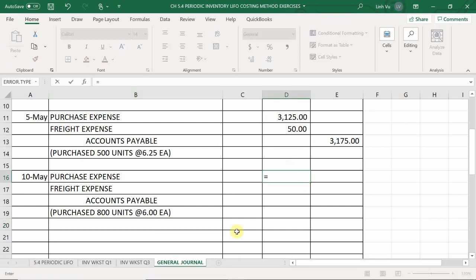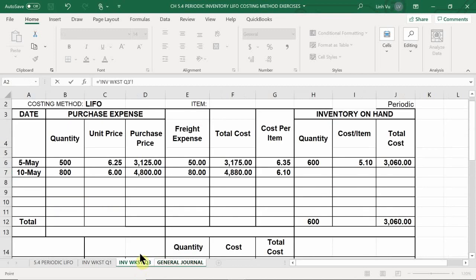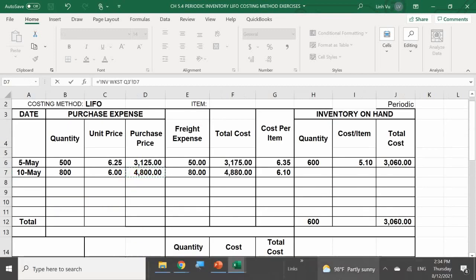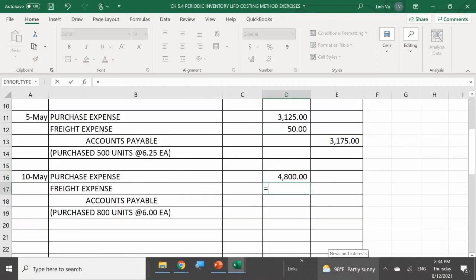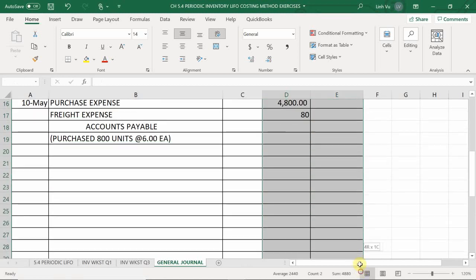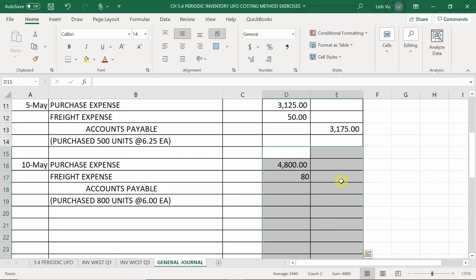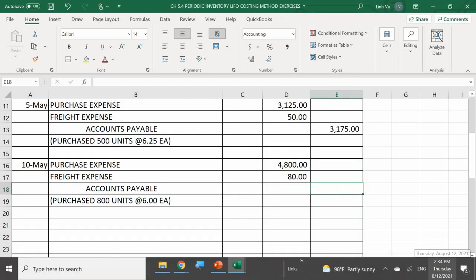So purchase expense, which we solved to be... we know what freight is. Freight is $80, okay, whether you want to copy or not, or if you just know the information, then you can go ahead and plug that in, giving us a grand total of $880 that we owe.